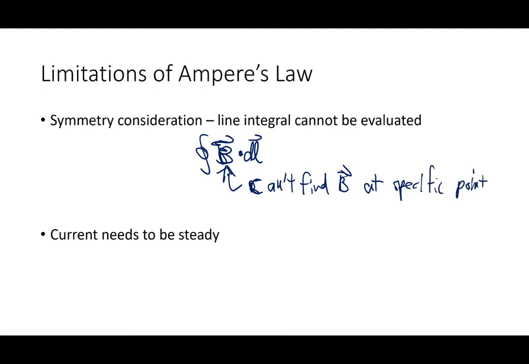Right? That doesn't make Ampere's law not true, right? Just like Gauss's law is true in general, but we can't use it to find our magnetic field at a specific point without introducing too many other variables. However, unlike Gauss's law, there's an additional requirement that the current has to be steady, meaning not changing in time.